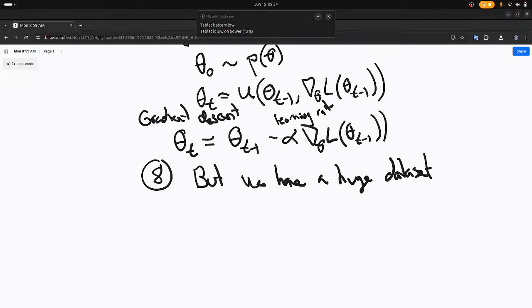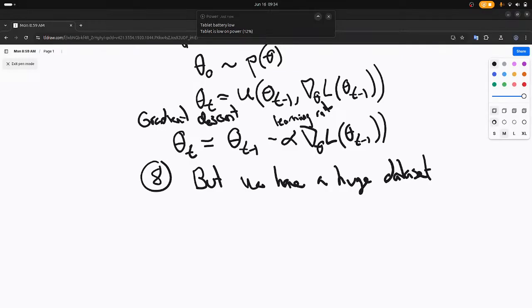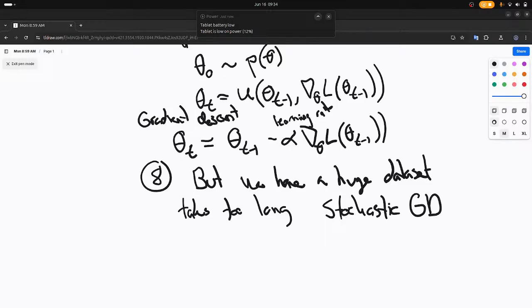So we do stochastic gradient descent, where we say this gradient here, what is it?